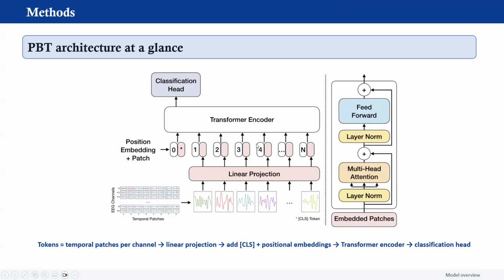This is then combined with positional embeddings and passed to our transformer encoder, which you can see on the right-hand side. And finally, you have your classification head. So we'll go into these one by one to understand exactly what they are doing and how they are trying to adapt this for EEG. But this is the overall architecture.